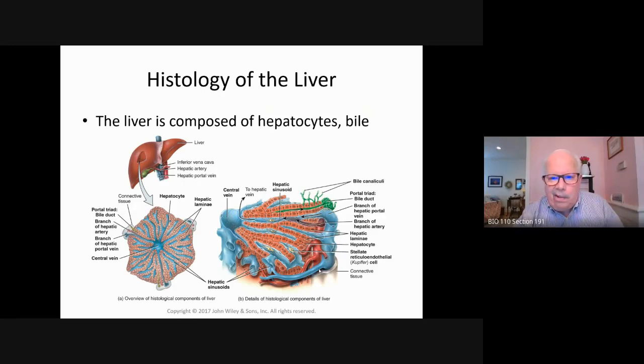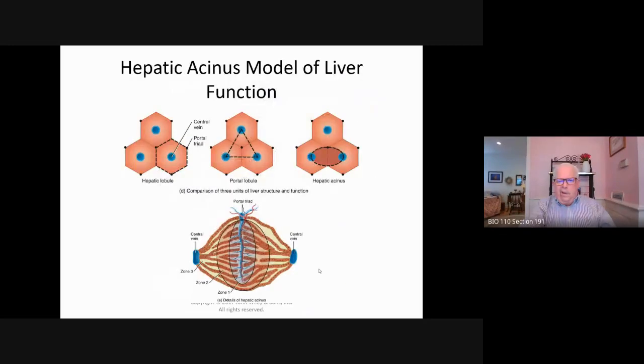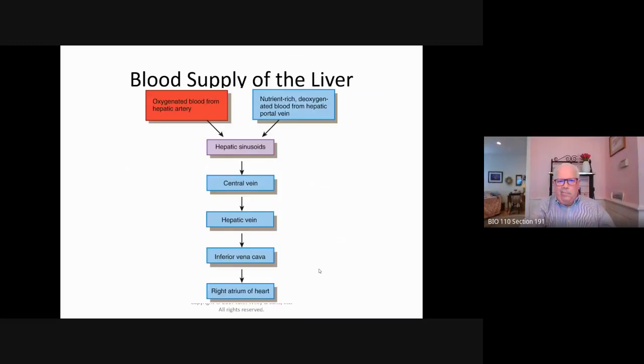It makes urobilinogen. It makes bilirubin. That's part of bile. This is why bile is brown in color, because it comes from red cells. Okay? You don't have to know too much more about the liver. Just know it is a very important factory that makes a lot of stuff. Okay?